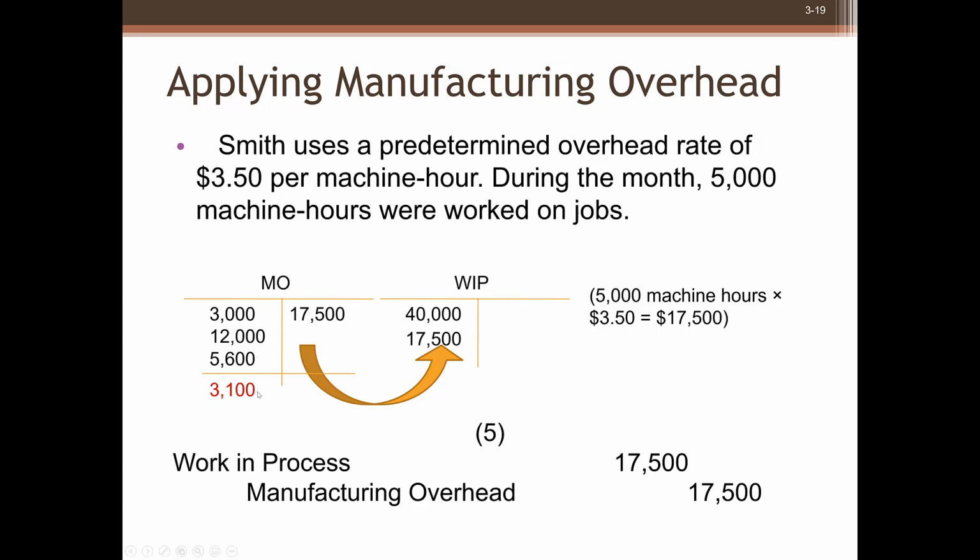Here, keep in mind, we have total on the left-hand side, which is the amount of actual MO for the company. And we have right-hand side applied. Right now, left-hand side actual amount is more than right-hand side by 3,100. And we'll go back and take a look at this number later.